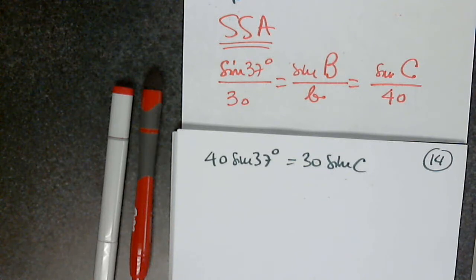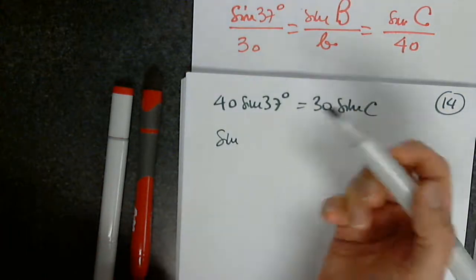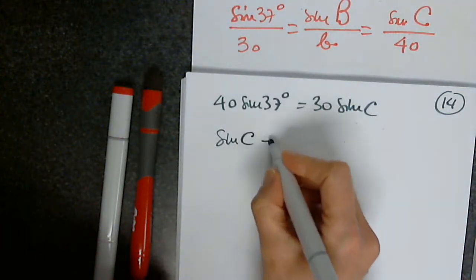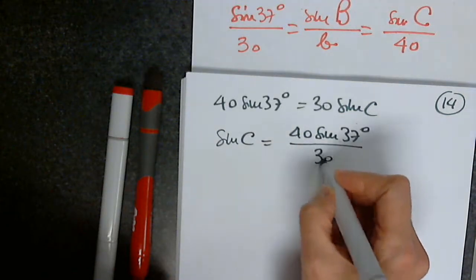So you divide by 30. And then what do I have to do to find C? Cross multiply, of course, it's a proportion. Sine C equals 40 sine 37 divided by 30.